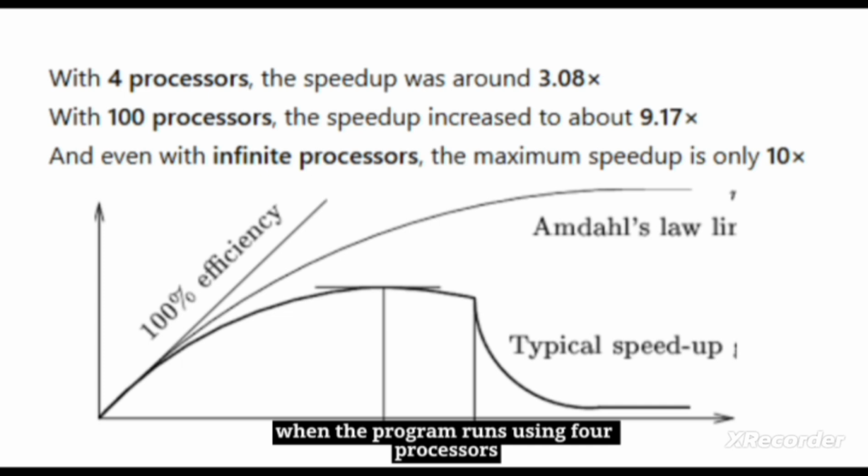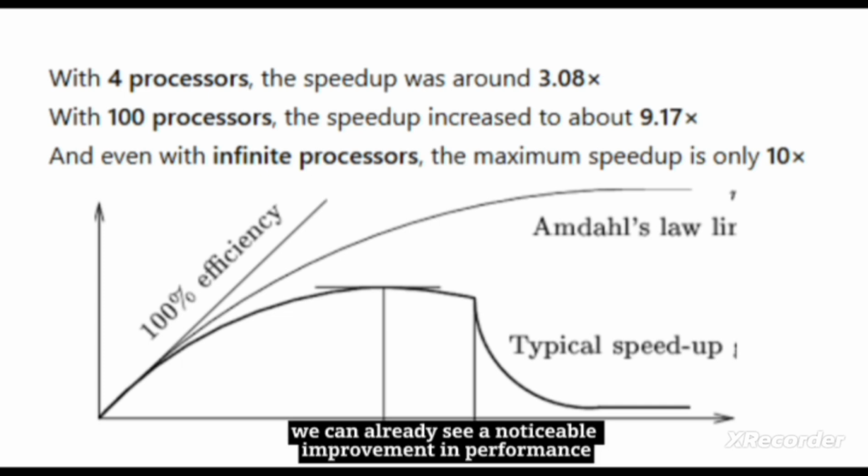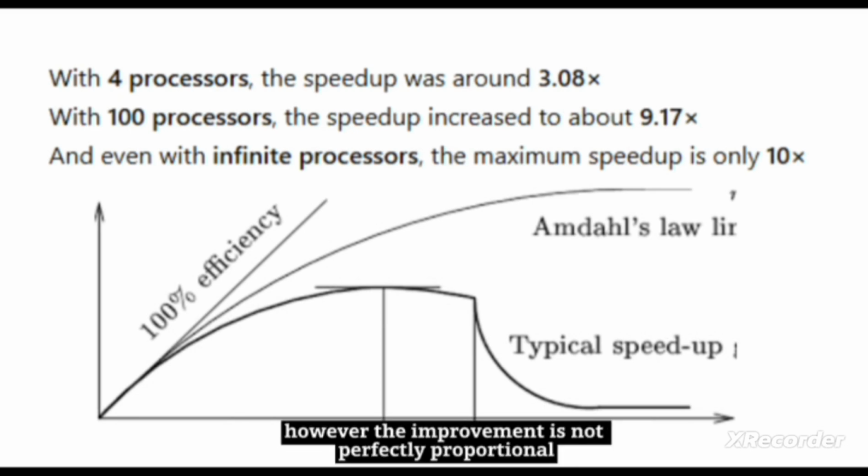When the program runs using 4 processors, we can already see a noticeable improvement in performance. Since most of the workload can be shared among the processors, the program finishes faster compared to using only one processor. However, the improvement is not perfectly proportional.